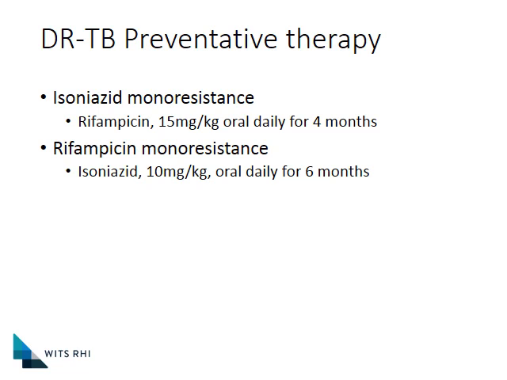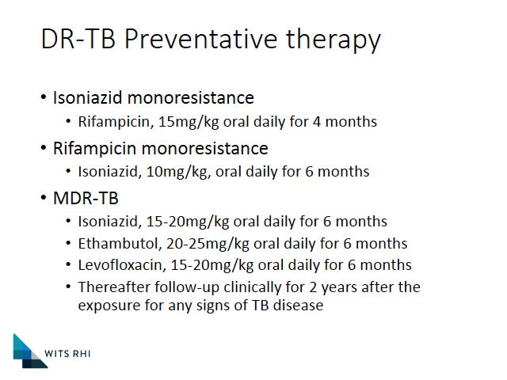If the contact has been diagnosed with rifampicin monoresistance, we use isoniazid, 10 milligrams per kilogram as per usual. And for MDR TB, we actually give 3 drugs. So we are using high-dose isoniazid, ethambutol, and levofloxacin for a 6-month period. And of course, those children will be regularly followed up. But very importantly, you are not going to prescribe these without backup from your pediatrician.